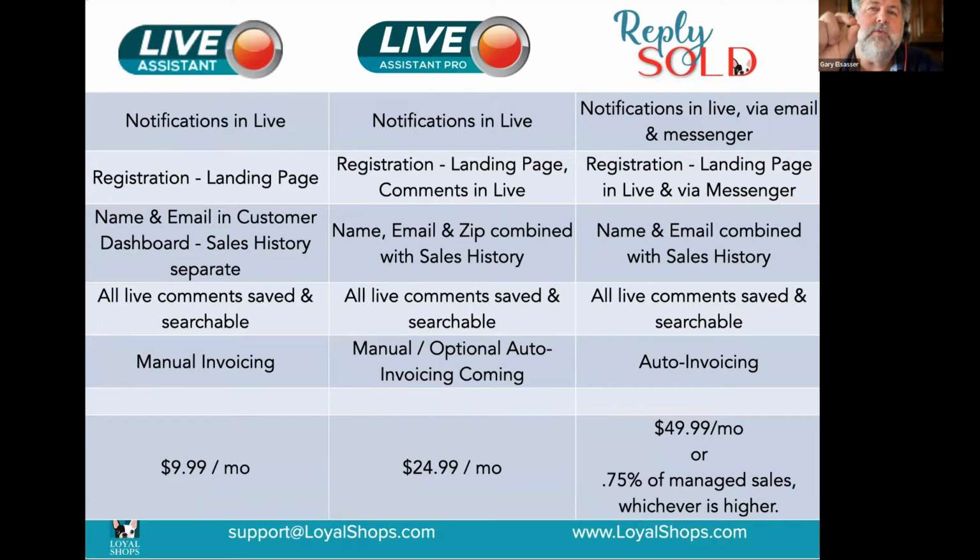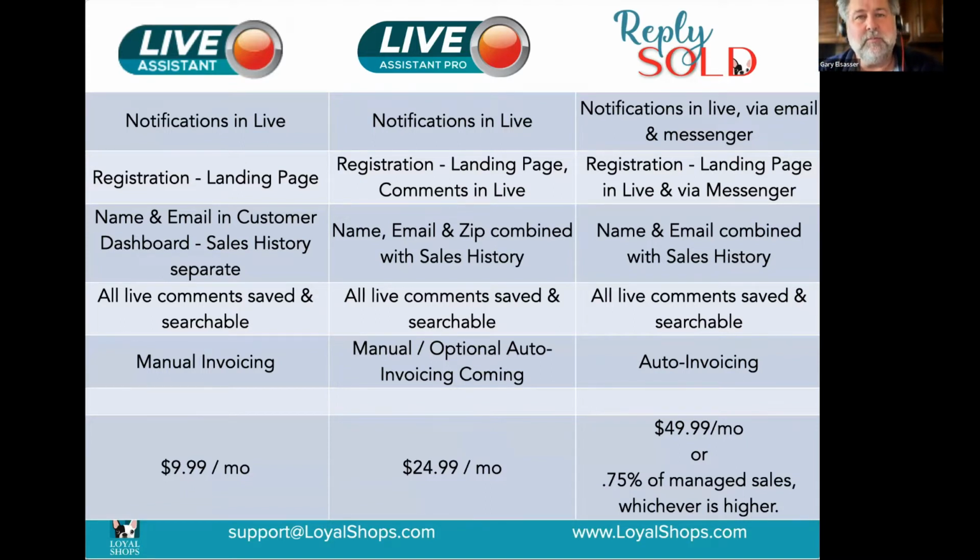Okay, so the answer is we have two different views of sales history. There's a view by live, and there's a view by customer. If you invoice by live, then you use that invoice by live version, and you can invoice all of them that are available, or you can manually choose who you want to send an invoice to.